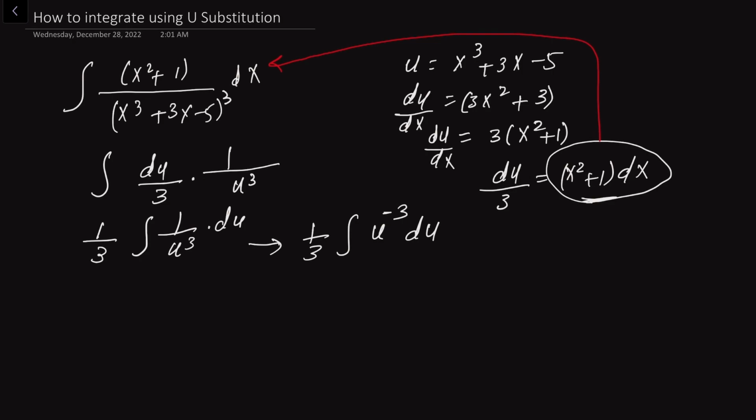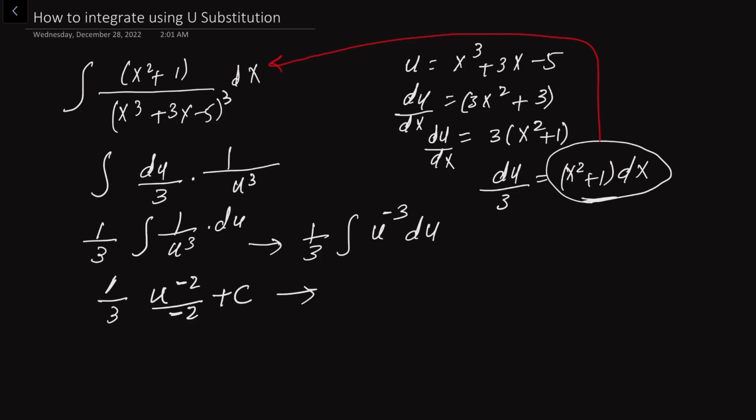Okay, then let's integrate now. It will be 1 over 3 times the integral of u to the negative 3. So negative 3 plus 1 is negative 2, over negative 2, plus c.